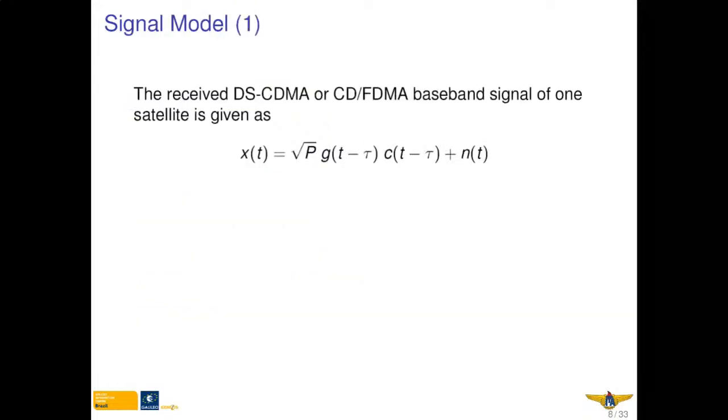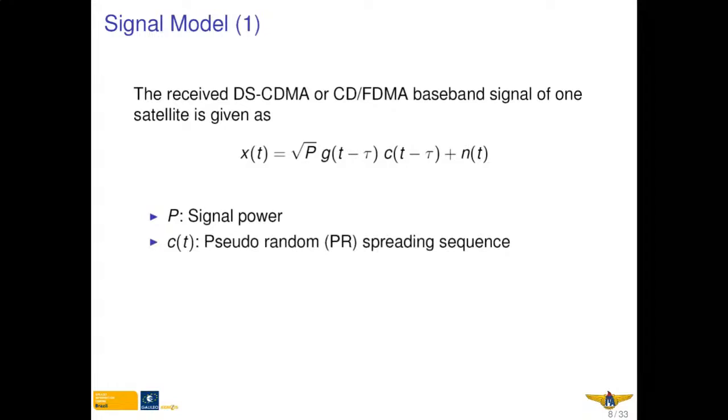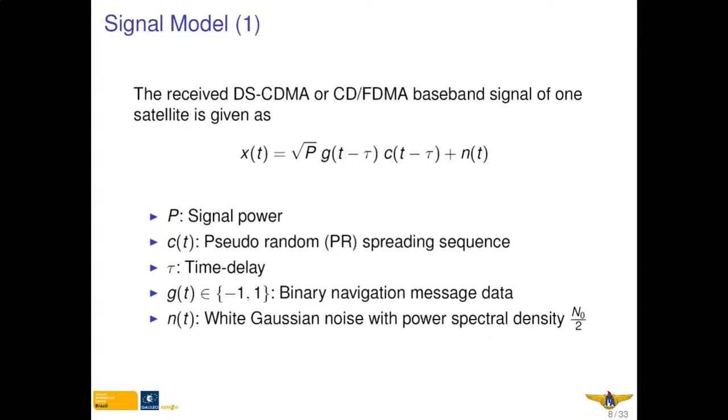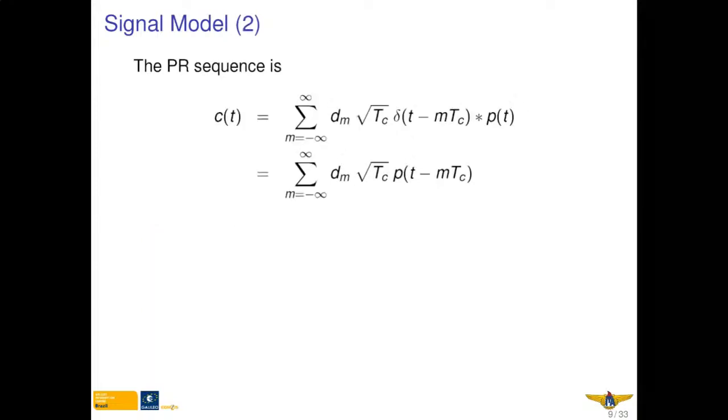The received direct sequence code division multiple access or code division frequency division multiple access baseband signal of one satellite can be given by x(t), where P is the signal power, c(t) is the pseudo-random spreading sequence or the code that the satellite uses, tau is the propagation time delay, g(t) is the binary navigation data message, and n(t) is white Gaussian noise with power spectral density of N0 half.